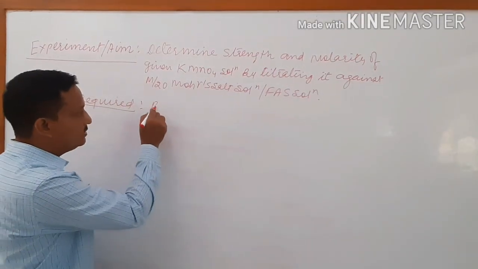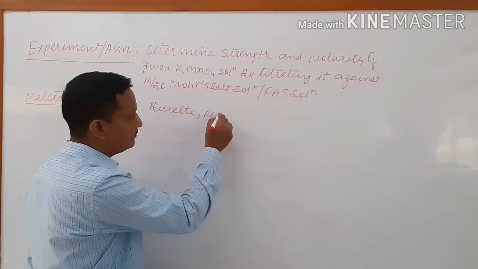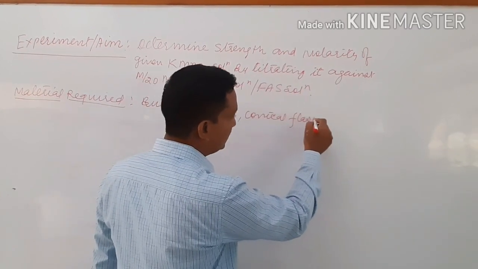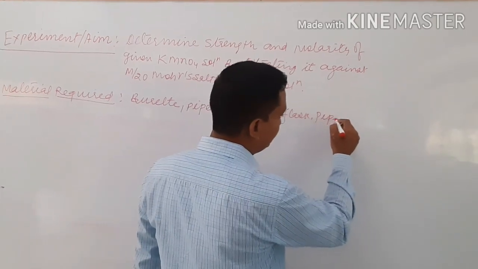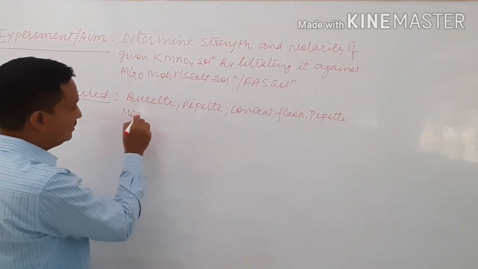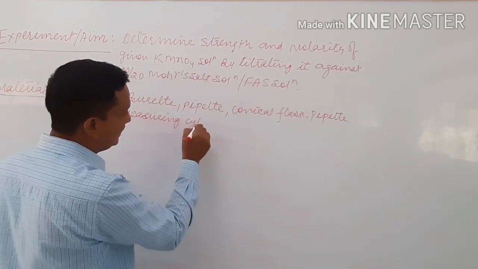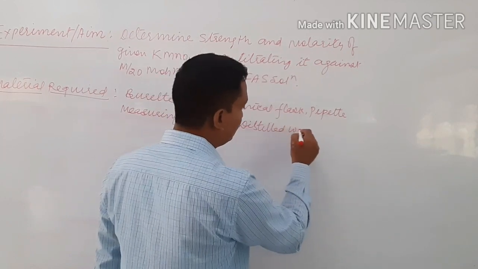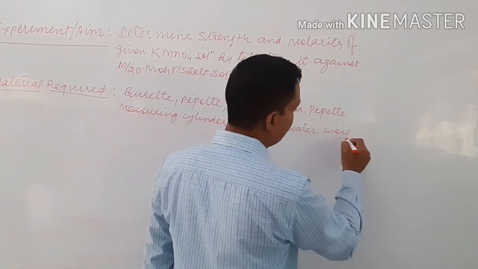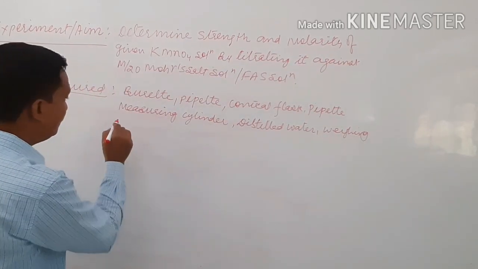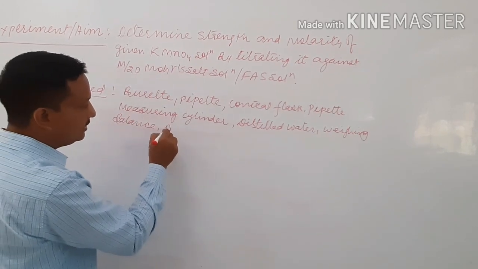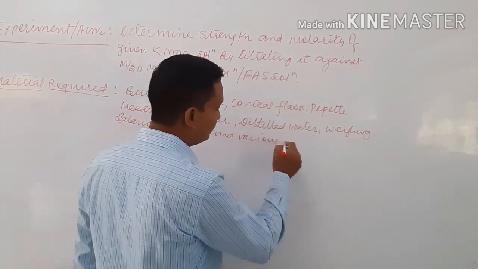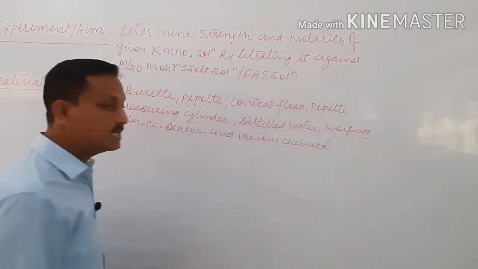The material required is a burette, pipette, conical flask, measuring cylinder, distilled water, weighing balance, beaker, and various chemicals. So these are the requirements for this titration.